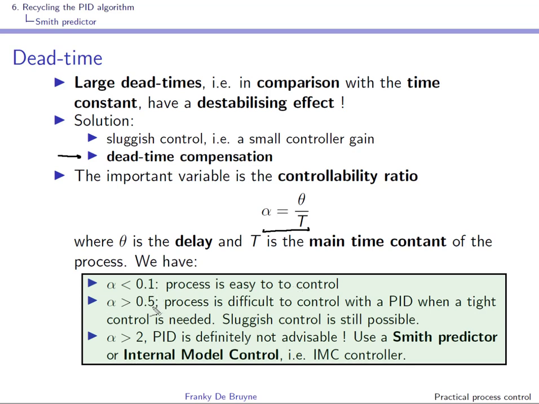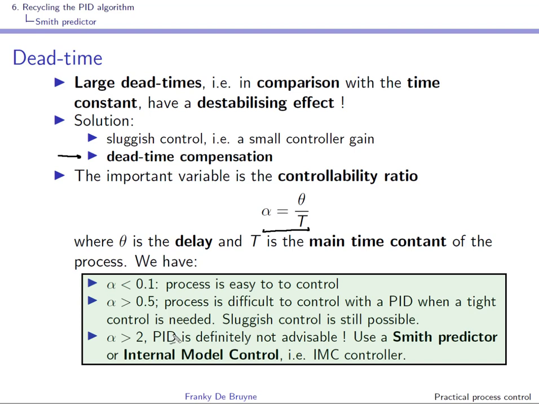From 0.5 up to 2, it's possible to tune a PID controller, but of course it becomes more and more difficult, and it might lead to a slow, sluggish control. Above alpha equal to 2, it's for sure not advisable to use a PID controller, and you should use the Smith predictor that is proposed in this section, or the internal model controller that will be proposed in the next section.